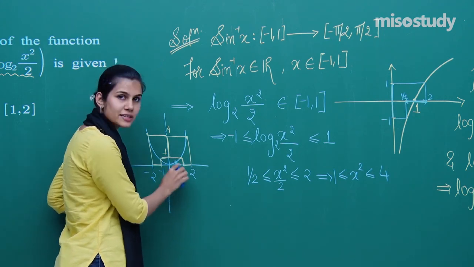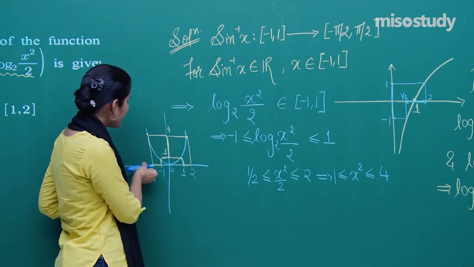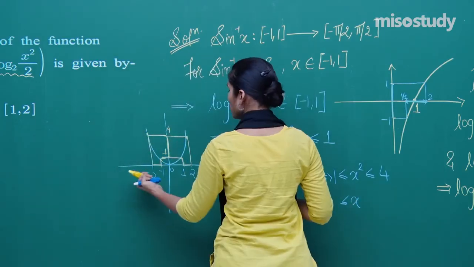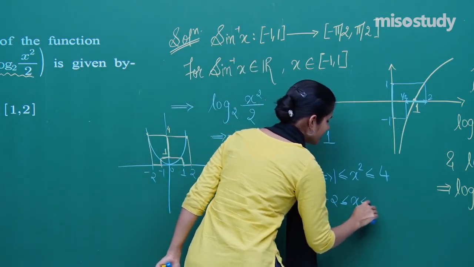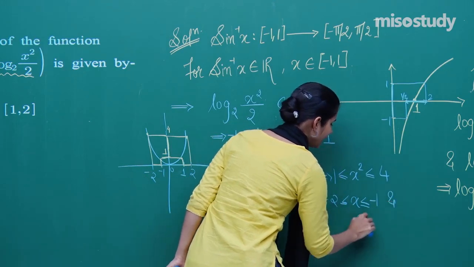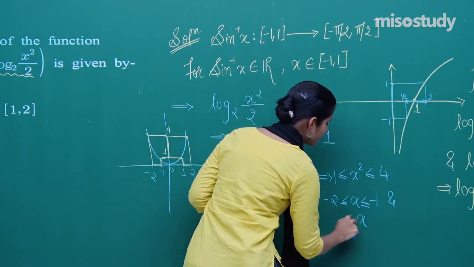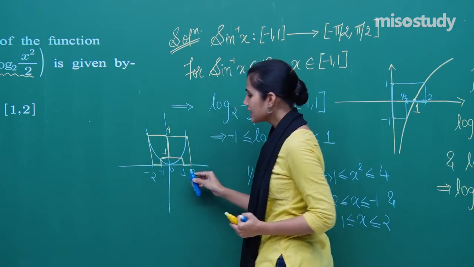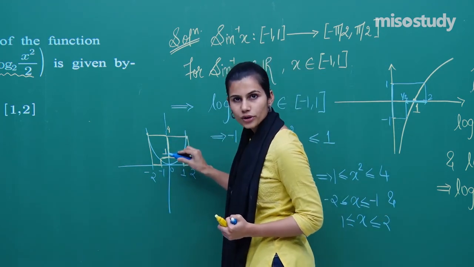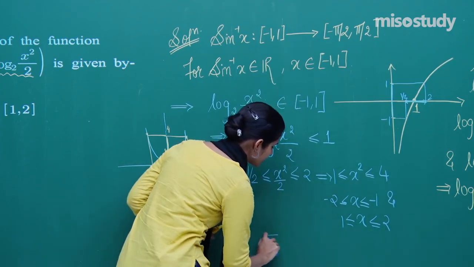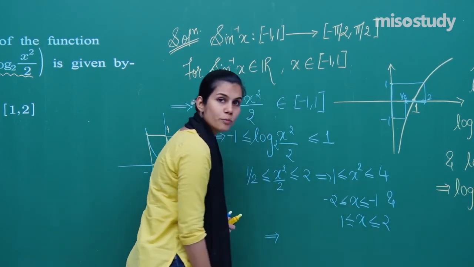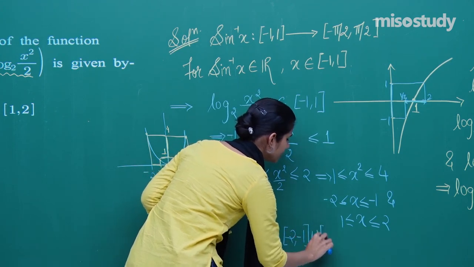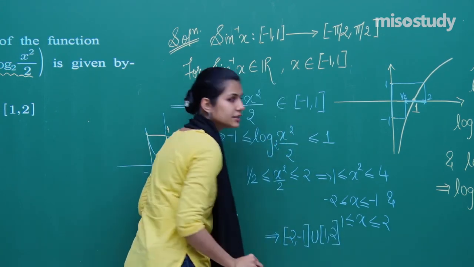So whenever x is greater than or equal to minus 2 and less than or equal to minus 1, or x is greater than or equal to 1 and less than or equal to 2, x square is between 1 and 4. And therefore you get the answer: the closed interval from -2 to -1 union the closed interval 1 to 2.